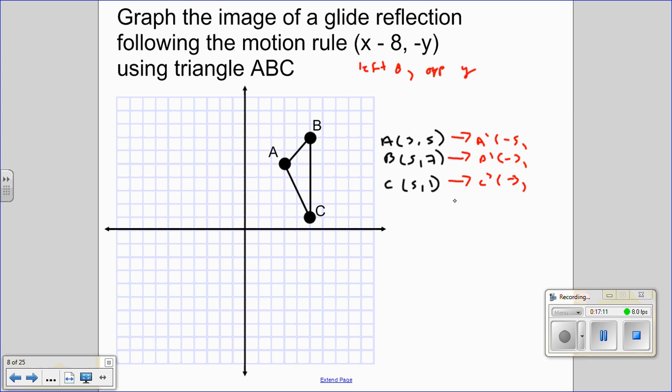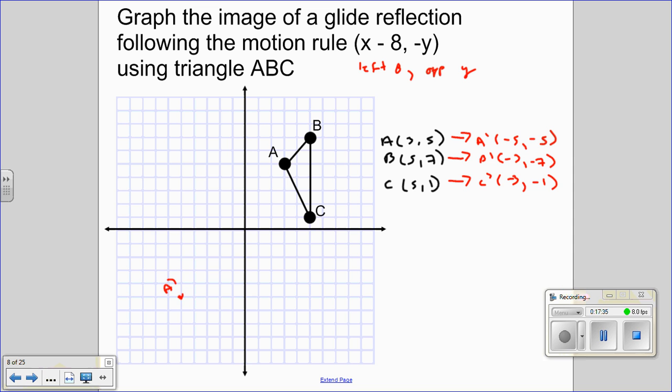Then, according to the motion rule, they want us to change all of our y's to their opposites. So 5 will become -5. 7 would become -7. And 1 would become -1. And then we could graph the new triangle. So (-5, -5) would be here.